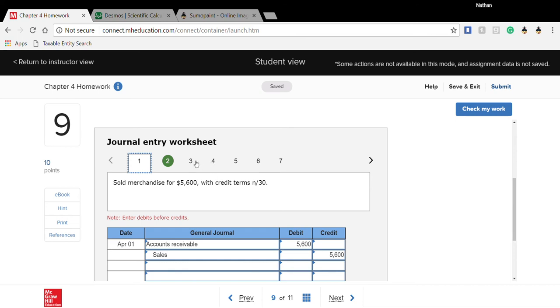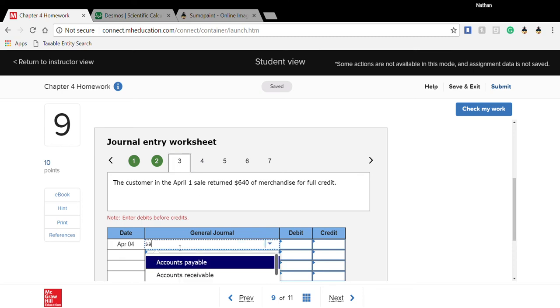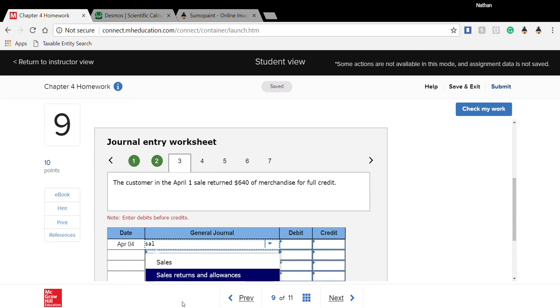But the account that you use instead, since this is a return, this return deals with sales returns and allowances. We cannot affect the actual sales account itself, because that's basically going to throw red flags for any audit that you have if you do change that revenue account. This is why we have returns, allowances, and discounts. So that's going to be there.